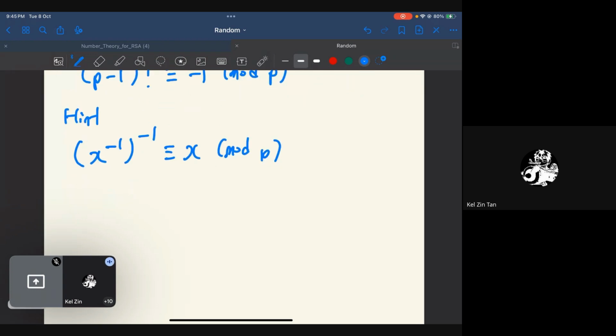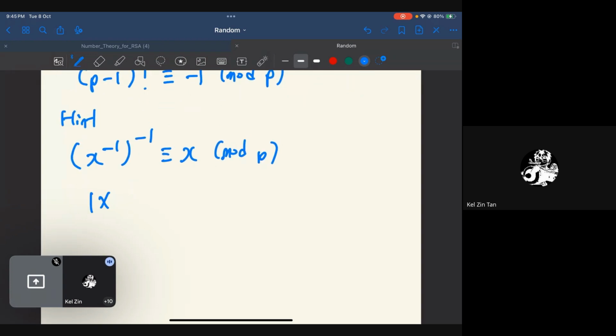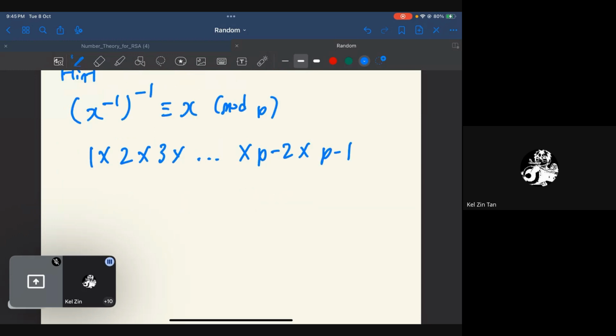So when we have 1 multiplied by 2, multiplied by 3, and so on until p minus 2, p minus 1, let's look at 2. What is 2 inverse? 2 inverse is some number here. We don't know exactly what it is, but we know it is some i here.